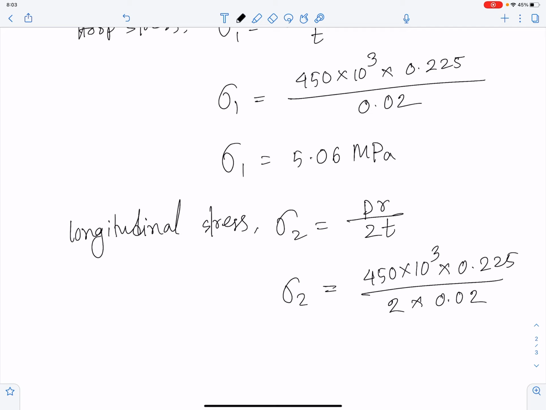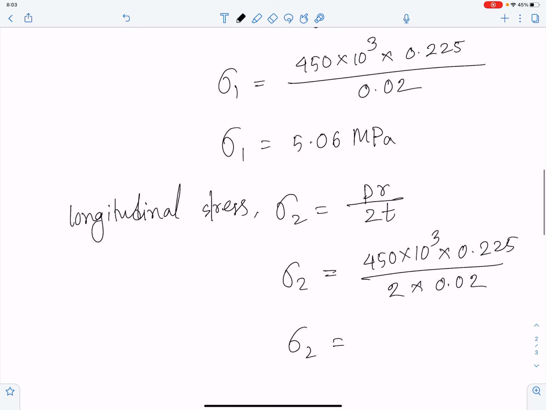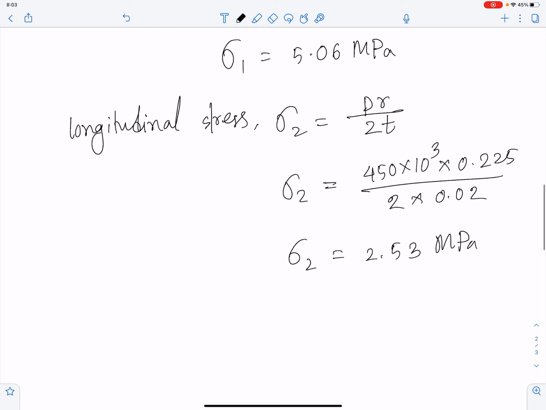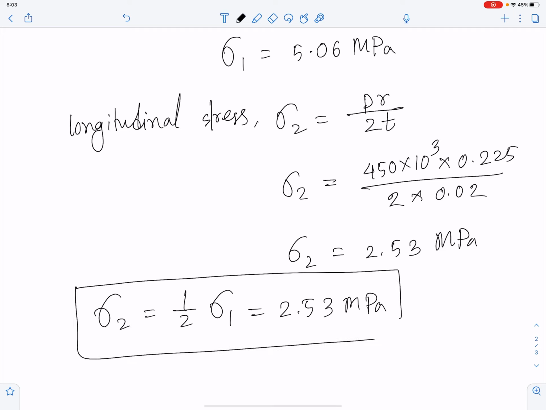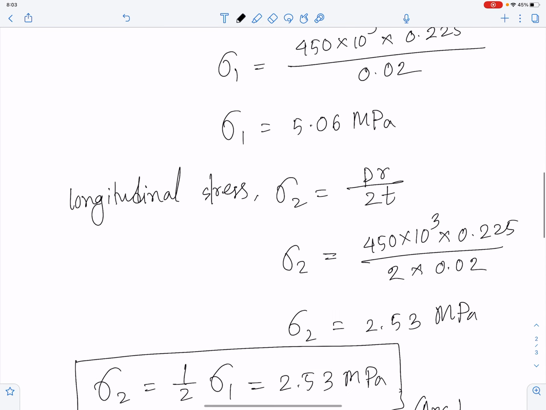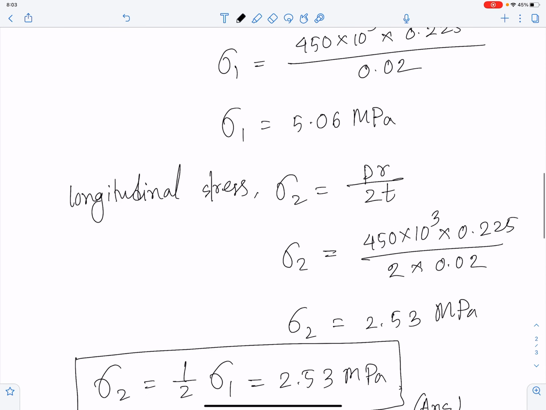Again, sigma 2 would be 2.53 megapascal. We can either do it this way, or simply say sigma 2 is half of sigma 1, which is 2.53 megapascal, because the longitudinal stress is half of the hoop stress. So that's all our answer. This is the answer for sigma 2, and this is the answer for sigma 1.